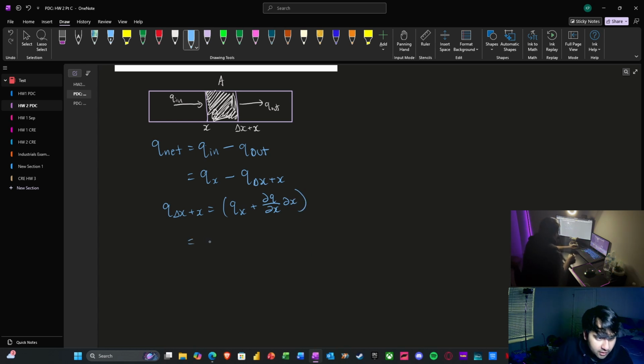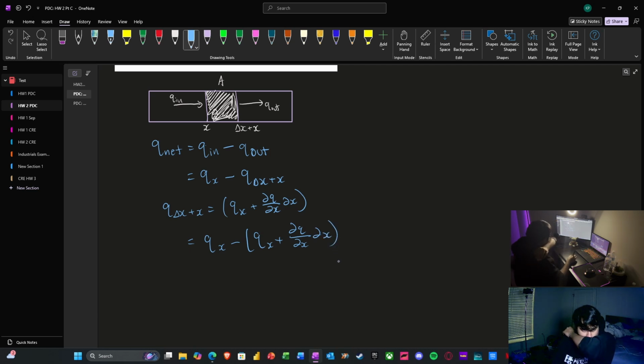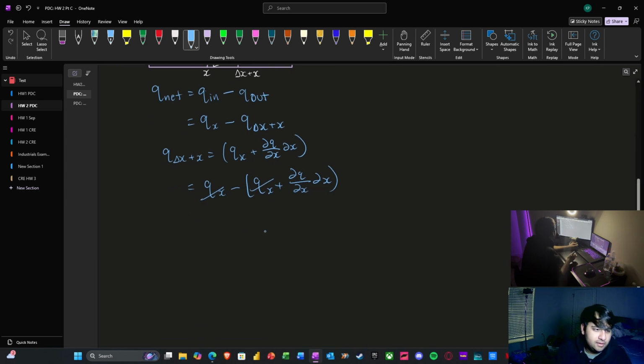And we're going to plug that into our equation, so we're left with Qx plus dq over dx dx minus Qx. We cross that out as they cancel each other. So our Q net in this case is dq over dx dx.